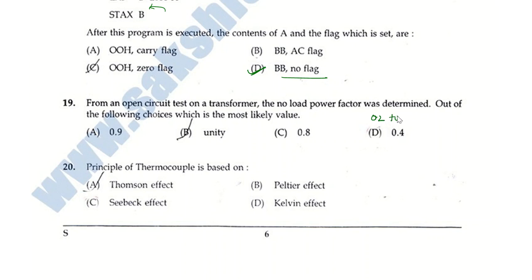Generally the open circuit test is performed at the rated flux condition and the short circuit test is performed at the rated current condition. When we perform the rated flux or rated voltage condition, the current drawn from the primary winding of the transformer will be very low. The current is used for core magnetization, which is why the primary winding acts as a pure inductor. The power factor will be around 0.2 to 0.4.